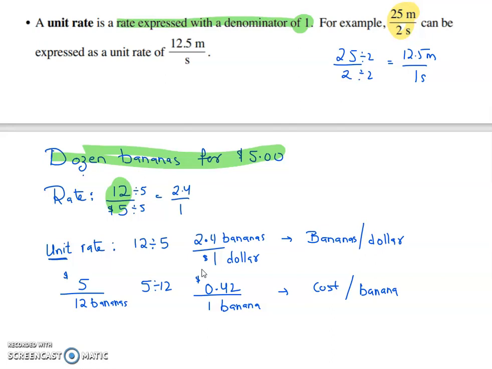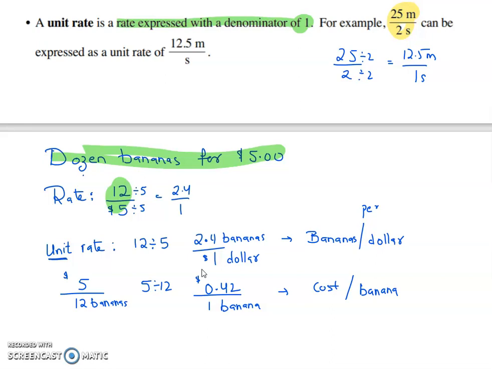That's what we mean by unit rate. Our denominator is 1, so we can say that it is 2.4 bananas for $1, but the way we read it is bananas per dollar. The symbol just means per, meaning $1. So in this comparison, I know that it is 2.4 bananas for $1.